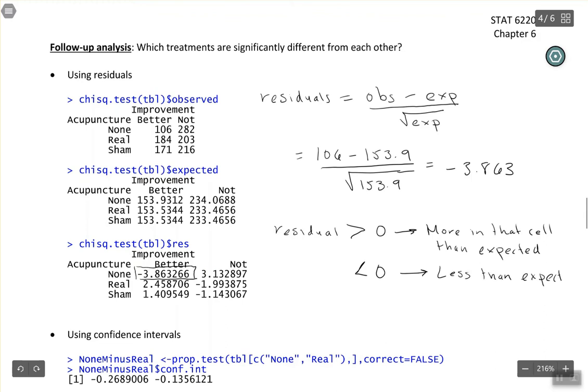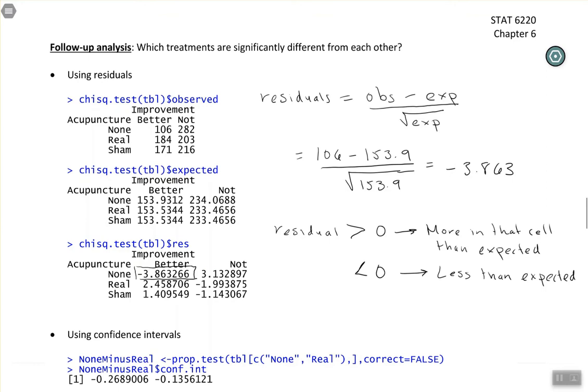Because of how it's standardized, you can also think about the size. These are going to have a roughly standard normal distribution. So anything that's past maybe 2 or 3 would be pretty unusual if there were really no association between these variables.